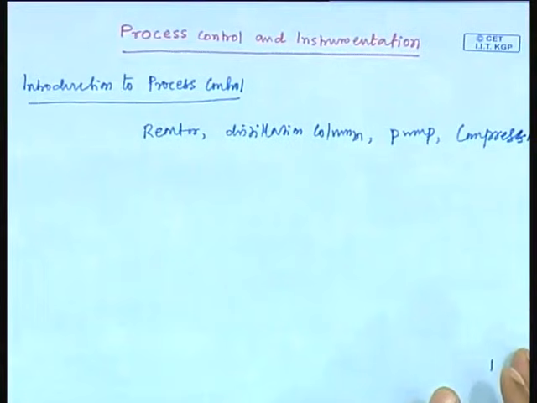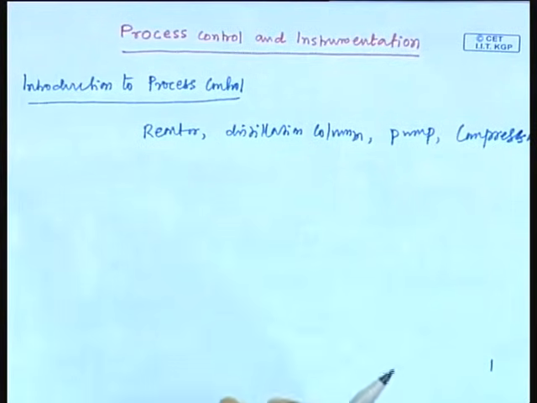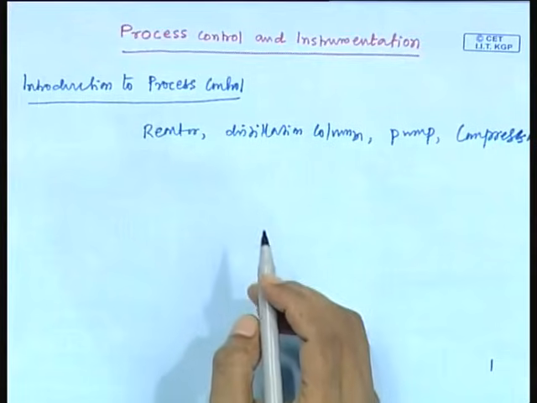Now, to constitute a chemical plant, we need to assemble few of these units. If we assemble few of these units, then we can constitute a chemical plant.